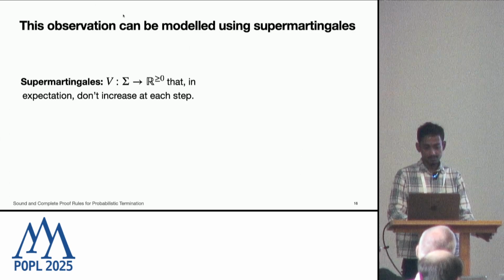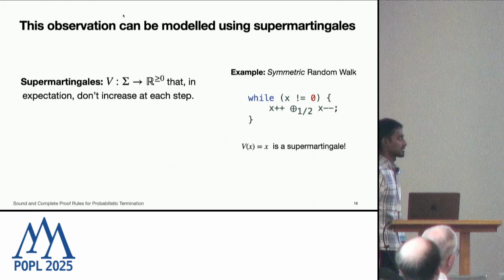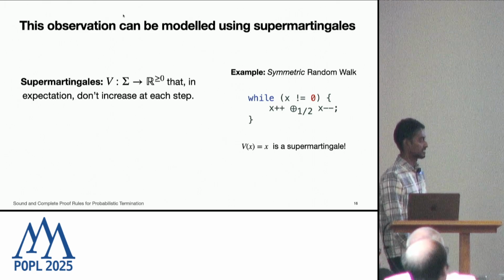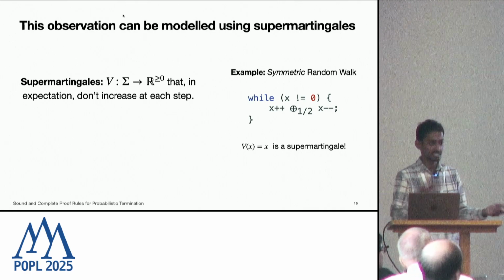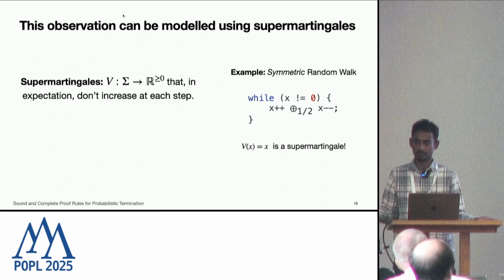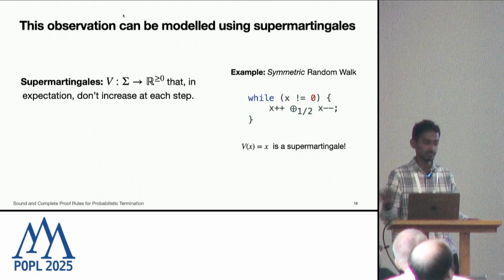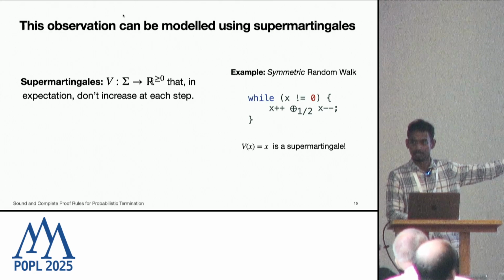For the symmetric random walker, the simple function that just outputs x at each state is a supermartingale, because in expectation, at the next step, you are going to increase x with probability half and decrease x with the same probability. So in expectation, you don't actually change the value of x after a step. So this is a supermartingale.